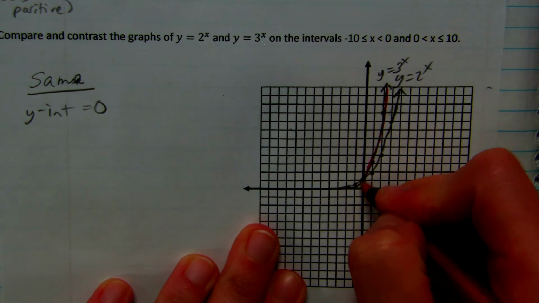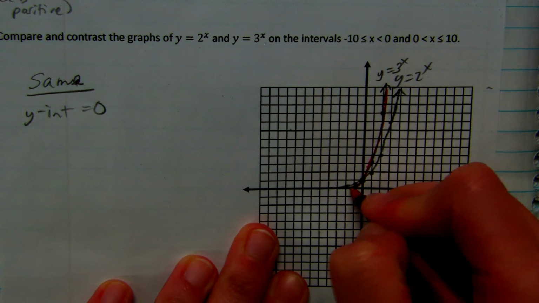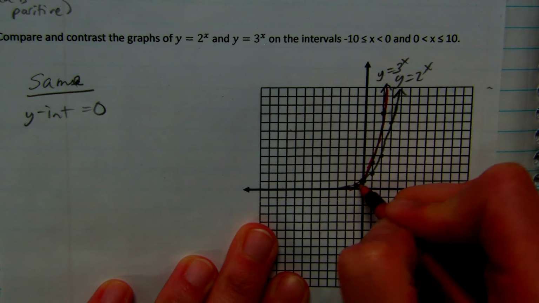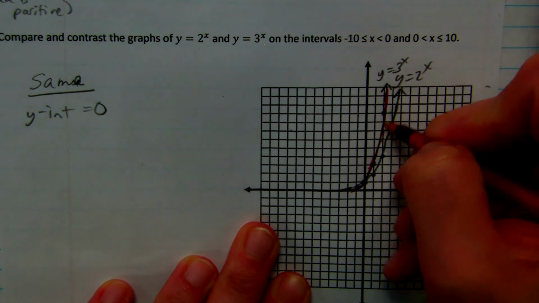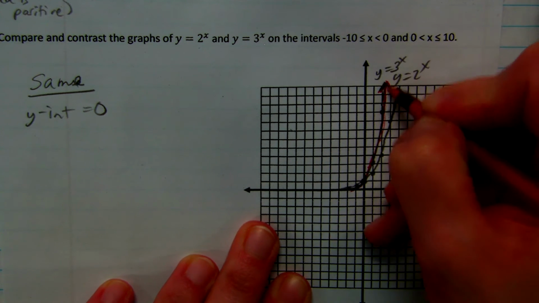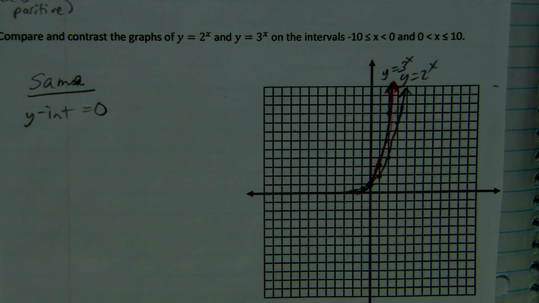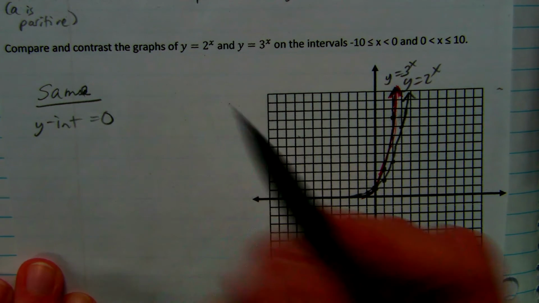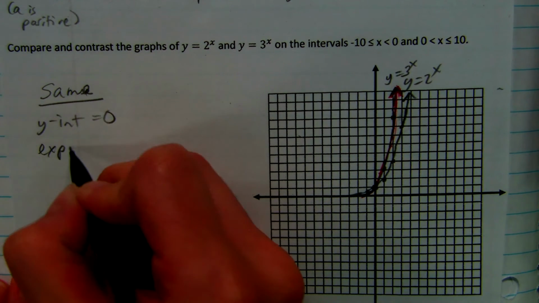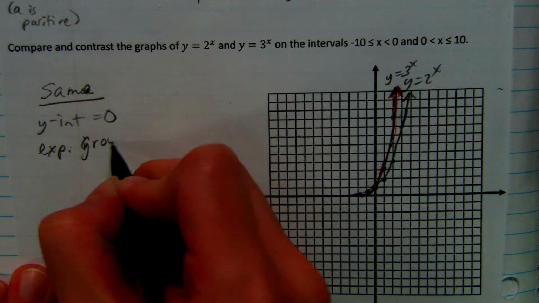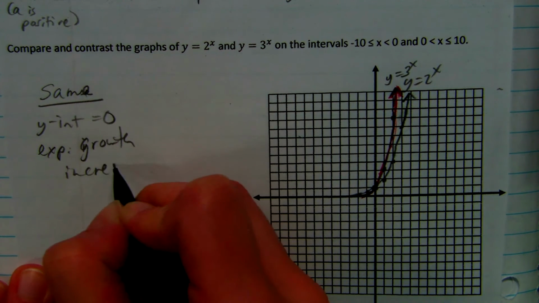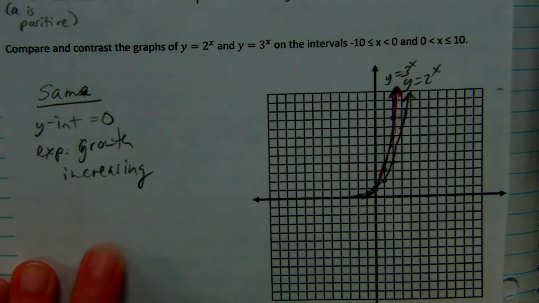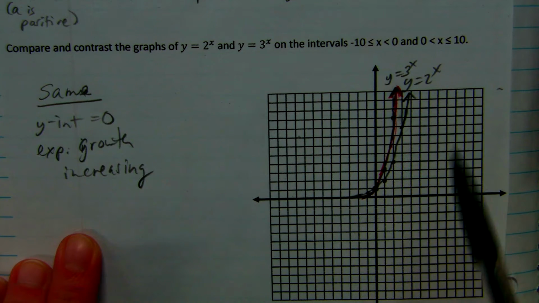And then the red one actually dips below the other one on this side. So it's actually less steep on this side and more steep on this side. The 3 to the x is. So they're the same that they both have the y-intercept is 0. They're also both the same that they're both exponential growth and they're both increasing. Okay? Sorry, my handwriting's kind of bad. So that's what's the same about them.